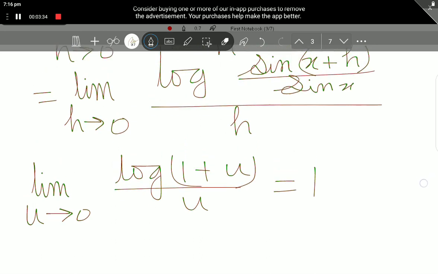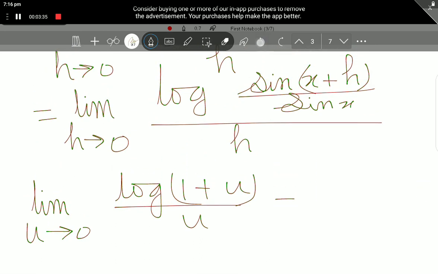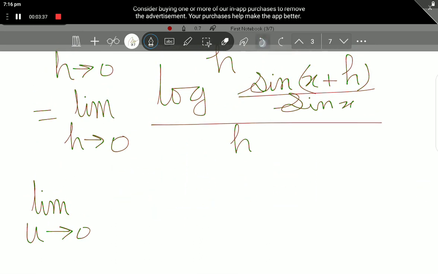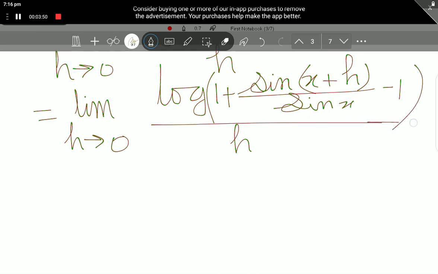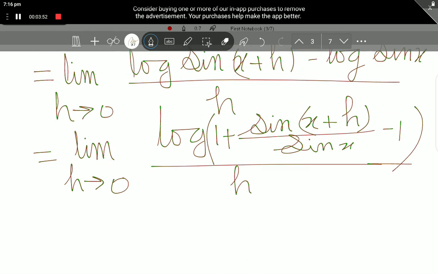Not exactly, but we can get a similar result there. How? Well, if I add 1 here, then I should subtract 1 here. Equality still remains valid. And if we read this as u, then maybe we have some result.